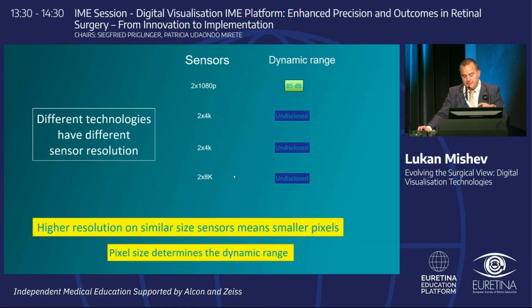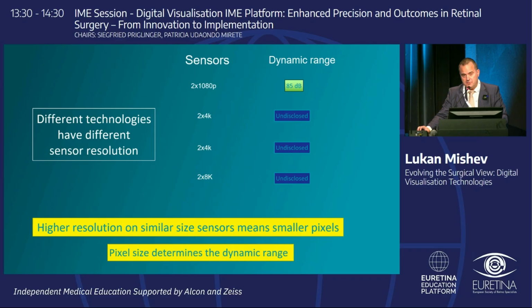So, after this short brief, I will just say that different technologies have different sensor resolutions and different depths of field, and we need to navigate between them in order to choose which one will best fit our expectations. Have in mind that higher resolutions on similar size sensors means smaller pixels.